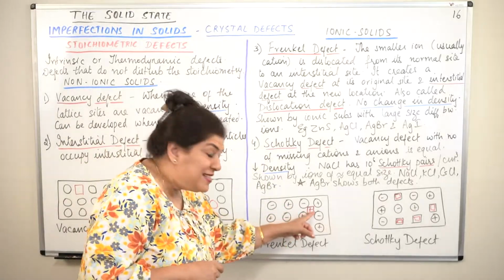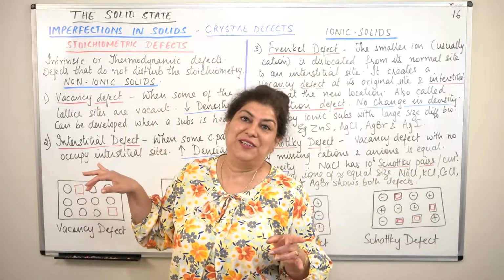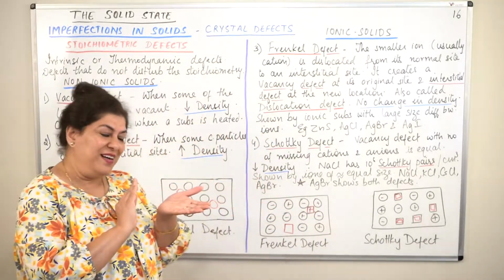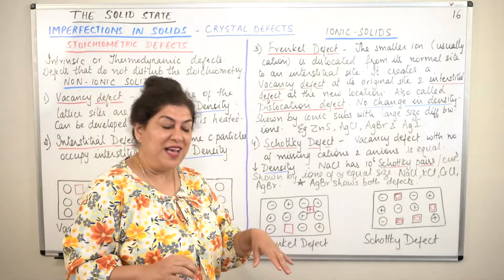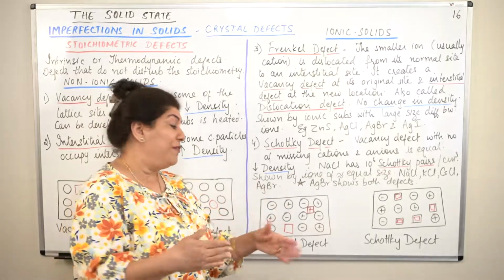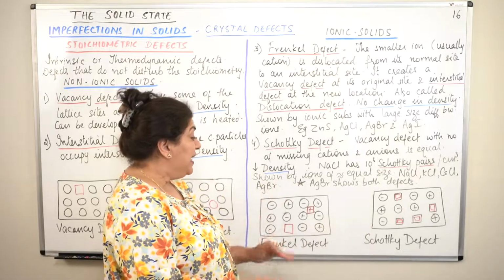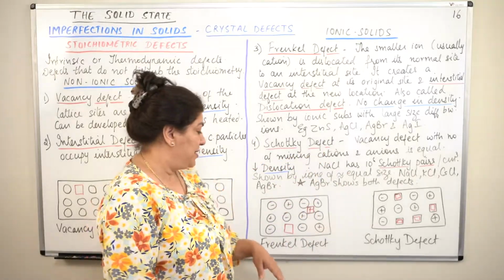But when it enters the interstitial space, it causes the interstitial defect. What is happening here is that first a vacancy defect is created, and then the cation that moved, that caused the vacancy defect, created an interstitial defect by entering one of the interstitial spaces.